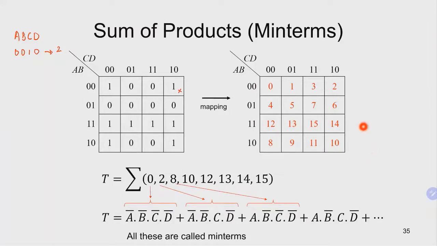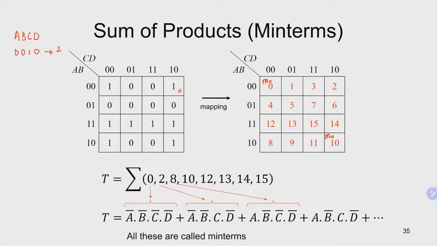But here, when we talk about the minterms, this number is also referred to as the minterm. So for example, 0 here is the minterm m0. And then this term here will be the minterm m sub 10.